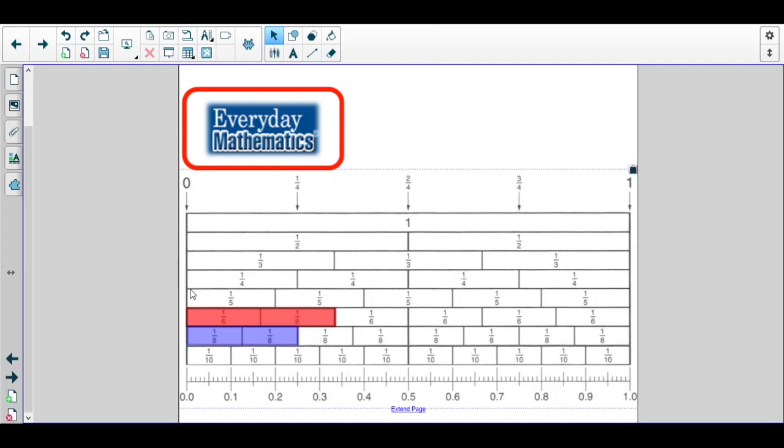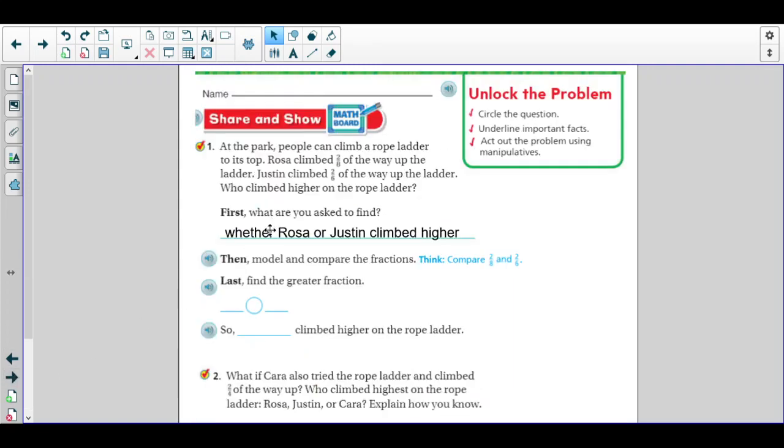Now, using this, it's real easy to see. 2/6 is longer or further on down the number line than 2/8. So, comparing the two fractions, 2/6 is greater than 2/8.